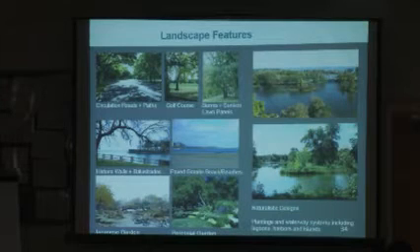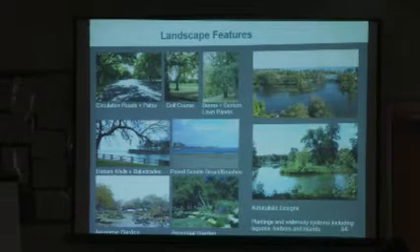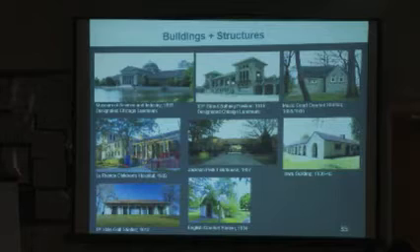I mentioned the landscape features, very important, and those will be documented as best we can, and that will be a good discussion when we get into assessing effects. Buildings and structures. Again, noting the historic names of the buildings, what they're used for now, as well as the dates of construction.